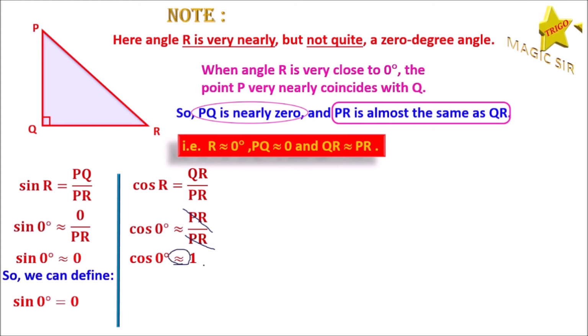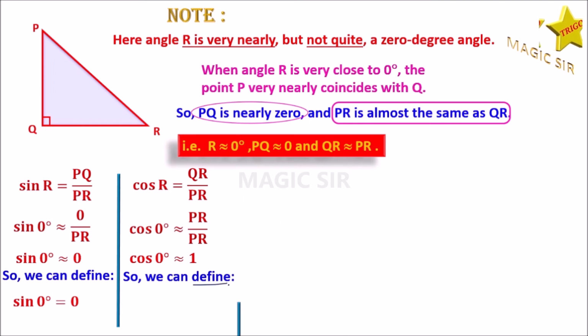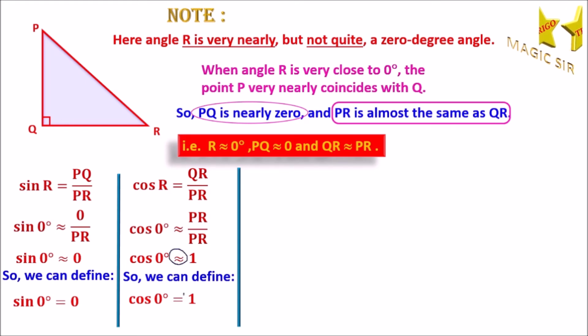That is, cos 0 degree is approximately equal to 1. So we can define cos 0 degree equal to 1. When a question is not resolved, accept it as a definition. When we define something, there is no question of anything. So we define cos 0 degree is equal to 1.